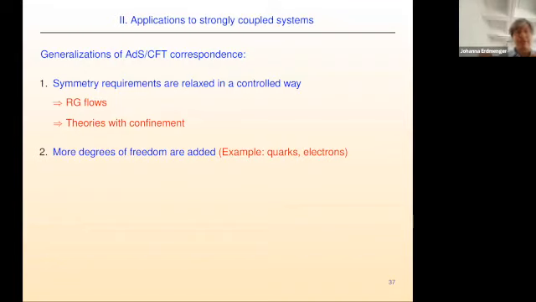So this confinement is a hallmark of QCD, and if we want a gravity dual of QCD, we should describe confinement in the gravity dual theory. Now there are some more technical issues. One of them is that we need more degrees of freedom.